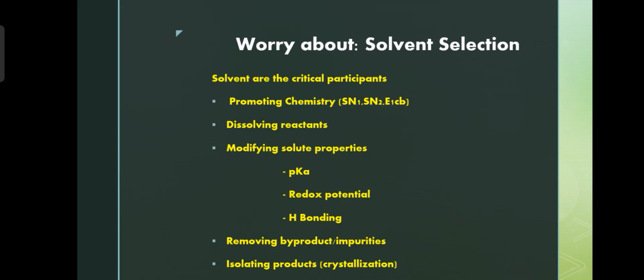So why worry about solvent selection, and what are the key things to select a solvent? Because solvents are critical participants in promoting chemistry, that is SN1, SN2, etc. Many reactions are done through the solvent, and they dissolve the reactants, and they affect factors like pH, etc. And many bondings are there also.